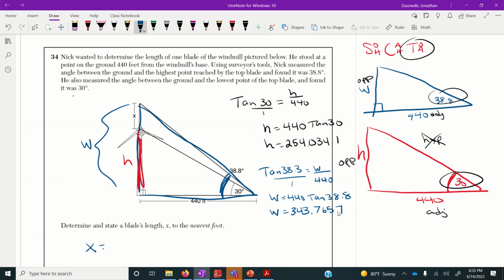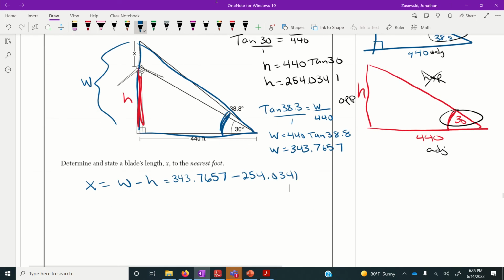And then X is going to equal the W part minus the H. Then we can write our abbreviated forms in here so that anyone grading our paper is going to understand what we're doing to get our answer. And then you can just state your final answer when you're done.